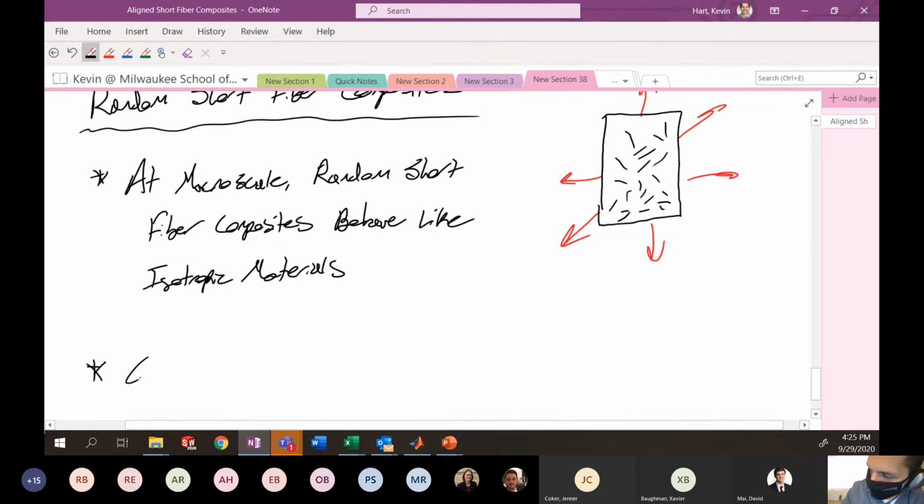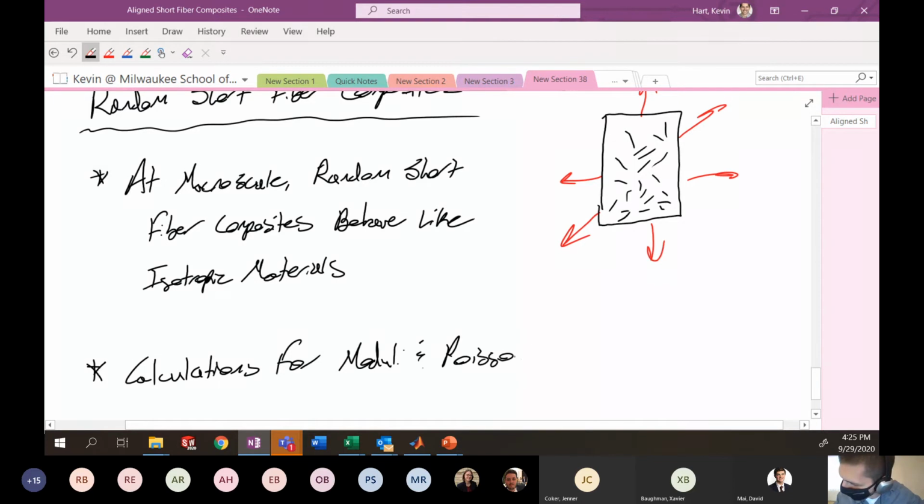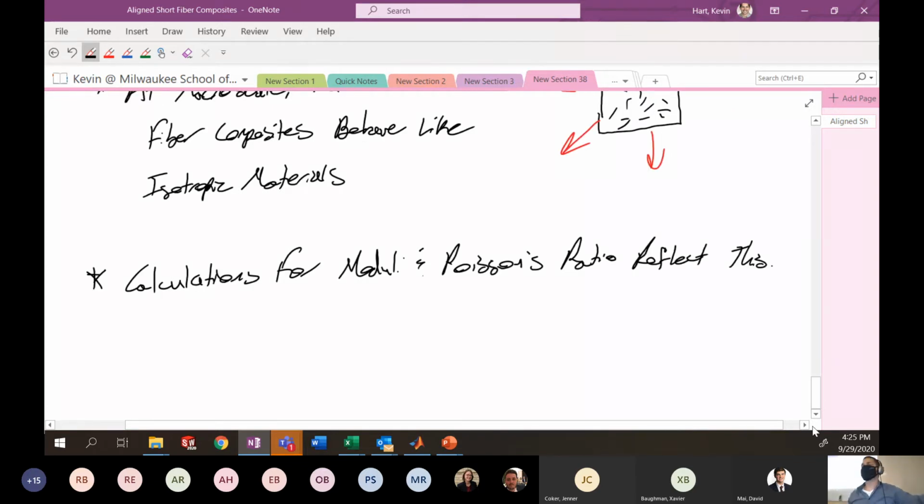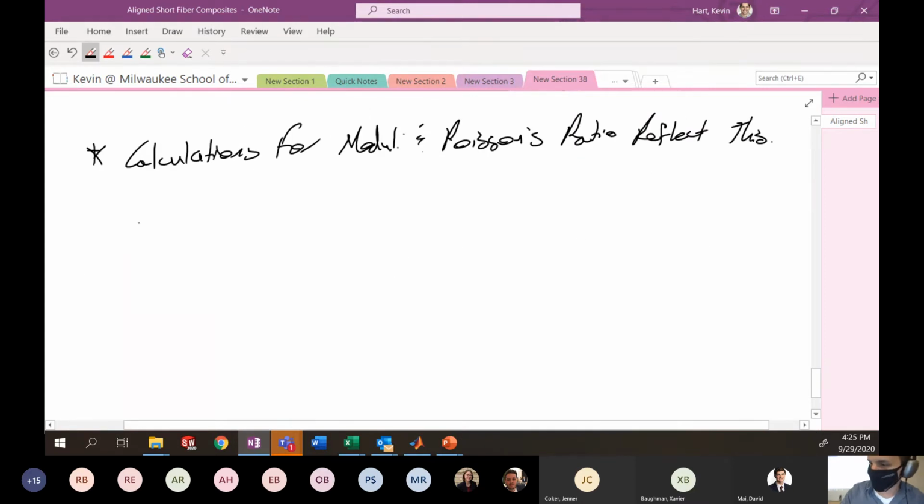So calculations for moduli and Poisson's ratio reflect this. Usually when they're labeled, they're given something like E sub random, G sub random, or nu sub random. So that's what you should see in the following models.